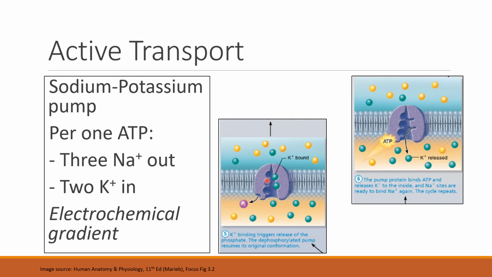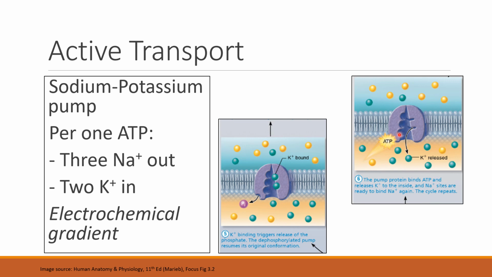The potassium binds, releases that phosphate, and then it comes back to this position here. And then in the final step, because there's no longer a phosphate attached to it, another ATP molecule comes here and attaches to the pump. When that happens, the potassium comes inside.